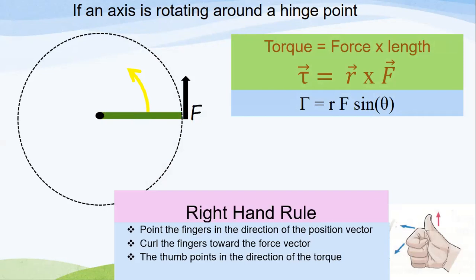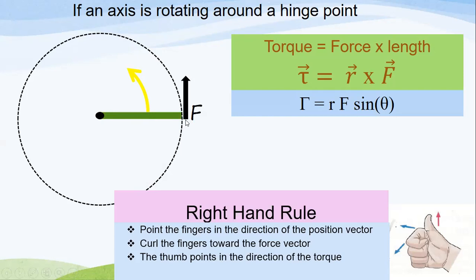Now let's try that right hand rule in this scenario. The force is applied upward like this one in the figure here, and R can be measured from the hinge point towards the force. So you keep your 4 fingers along this way.